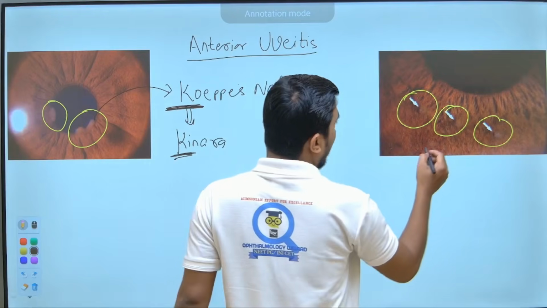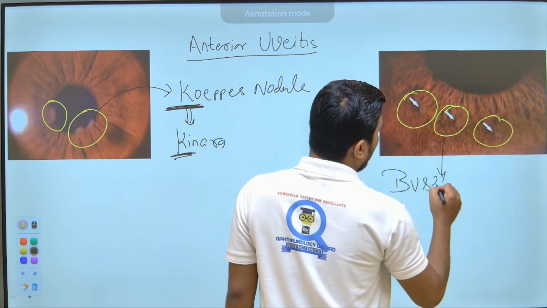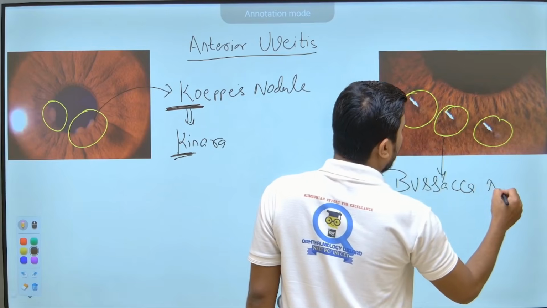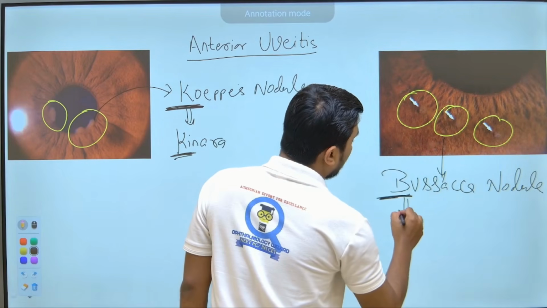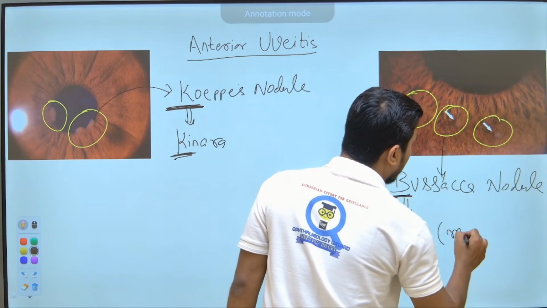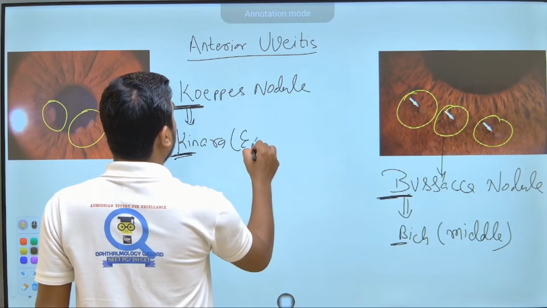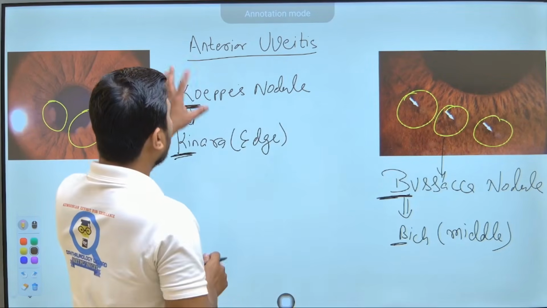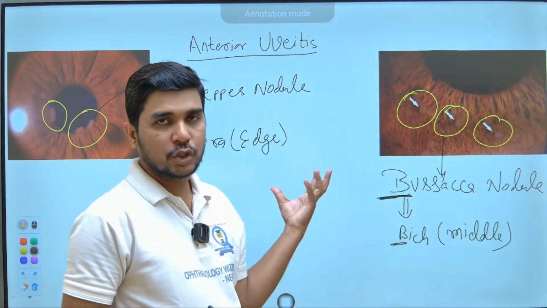And it is known as Busacca nodule, B for बीच में. Beach is middle. So you remember with the help of this mnemonic the names of these nodules.